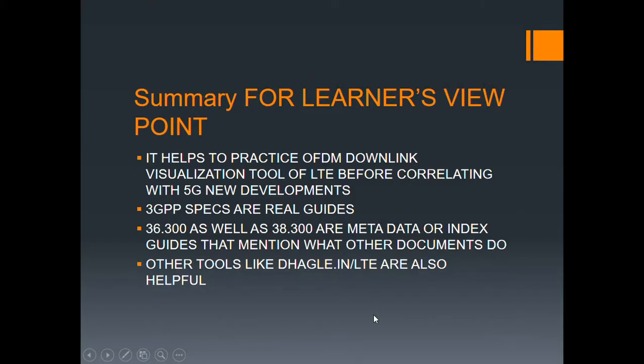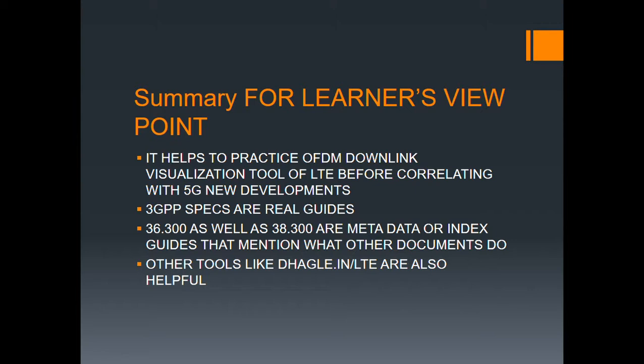So, as a summary, let me highlight, it is very helpful to start learning 5G from OFDM downlink visualization of LTE, and also relate with the 3GPP specifications of 36 series and then move on to 38 series. And amongst all these documents, 36.300 and 38.300 are like metadata, where they will give index numbers to what every other document is doing.